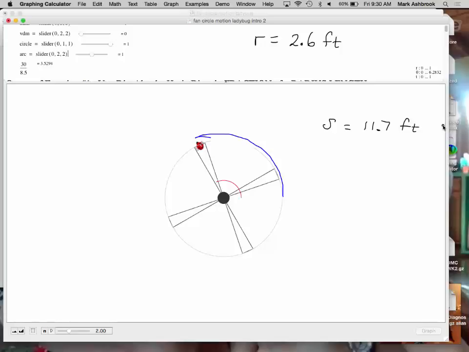That'll be the same as the rotation in radians. So how do we get how many radius lengths it is if the total arc length was 11.7 and the radius is 2.6? You're going to say, how many times does 2.6 go into 11.7?